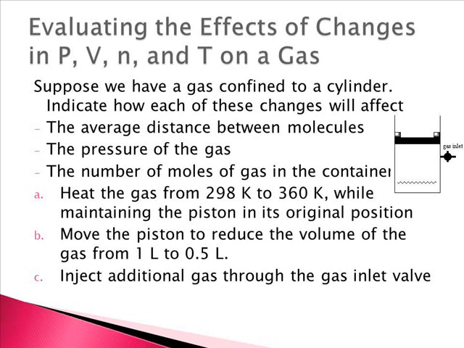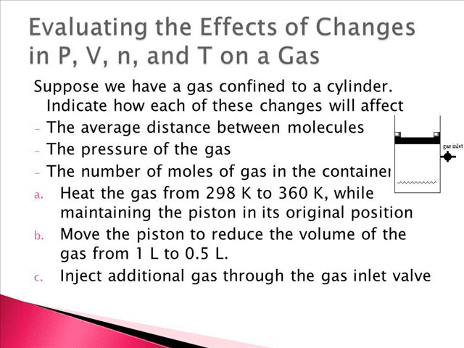The pressure of the gas is then going to increase because they'll be hitting the walls of the container more frequently. They have less space or less distance to travel to hit the next time. So it's going to be hitting more frequently. So the pressure would go up because we have more collisions. So that means more pressure, more force and more pressure. Number of moles, not affected because nothing went in and out of the container. It's still a closed system.